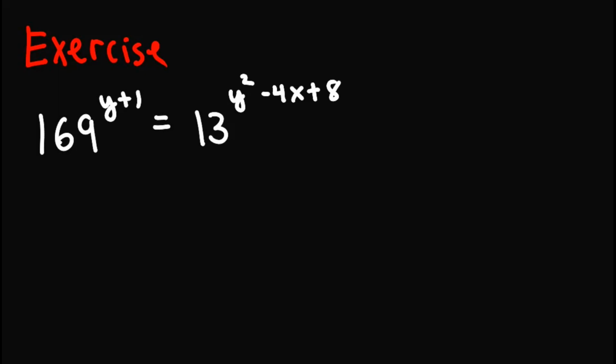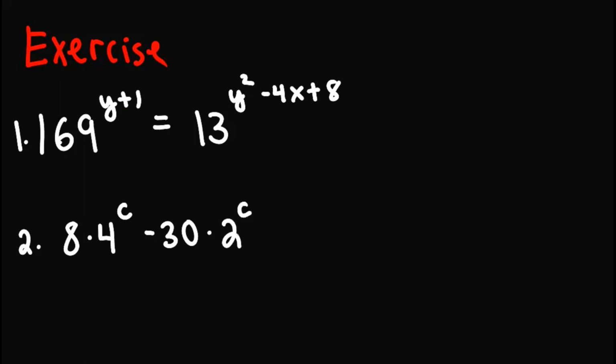And then, so this is for the first example. For the second example, we have 8 times 4 raised to c minus 30 times 2 raised to c, and this one is equal to 3 times 2 raised to c minus 4. So yeah, quite a lengthy problem.